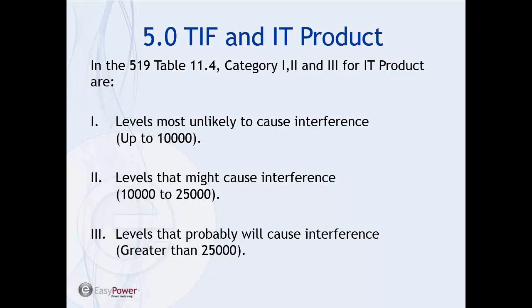Levels that probably will cause interference, greater than 25,000. So I think you can see that there's really no limit specified here. Holy cow, unlikely, might, probably, those are very generic words, and they were put in there on purpose so that people wouldn't use the values in the 519 standard as limits. So just a quick note for you on that.